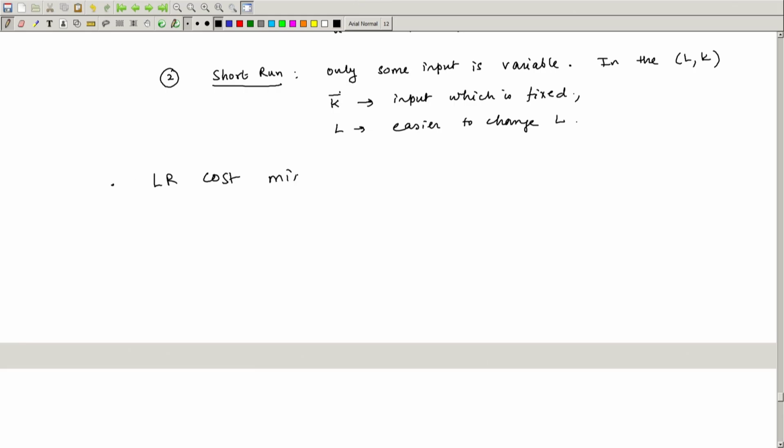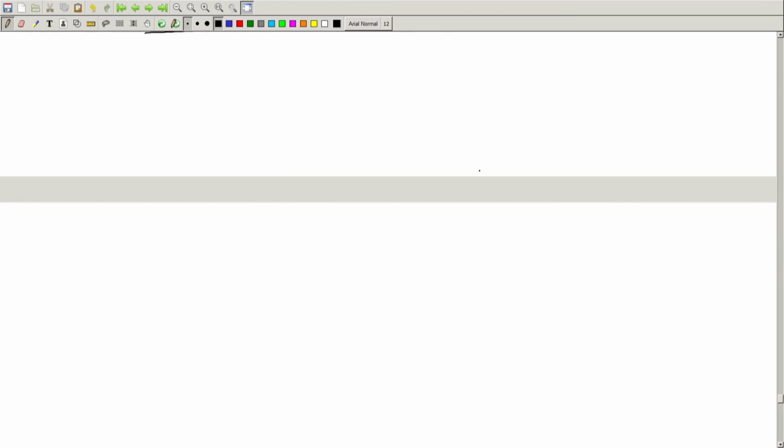Long run cost minimization. We'll introduce a few newer notations. So let's develop the notations. Now I am using L and K. Each unit of L is going to cost me some amount of money, right?